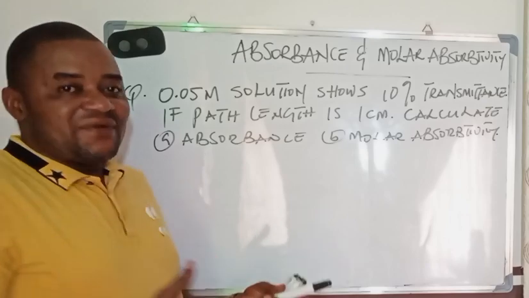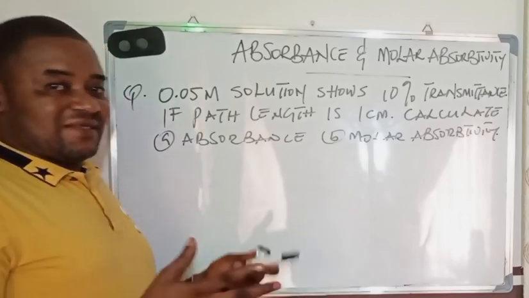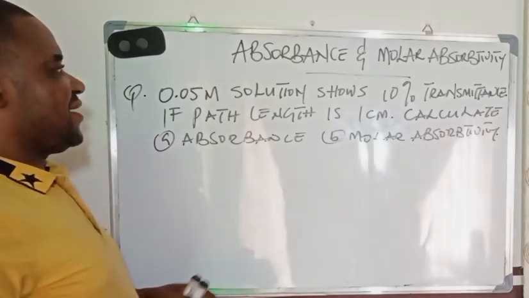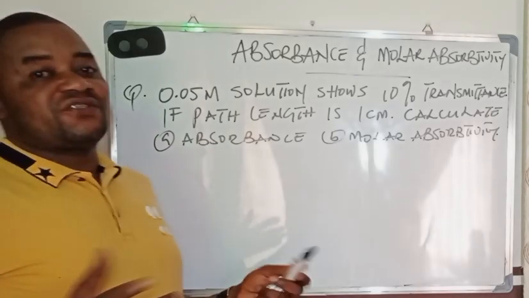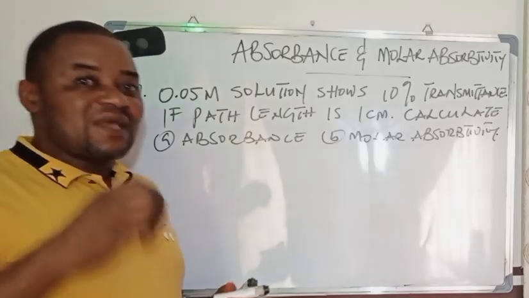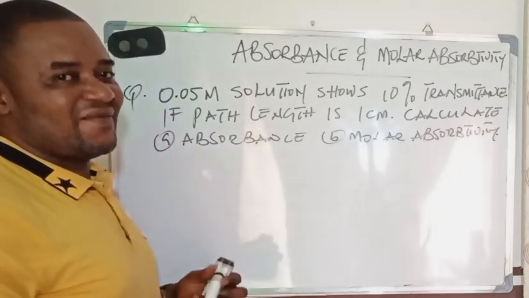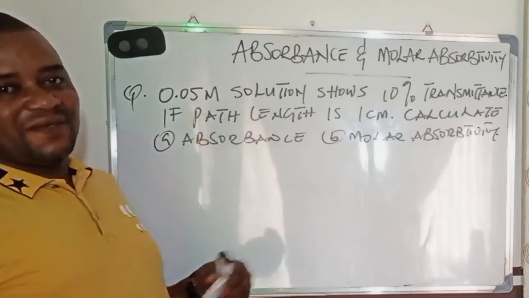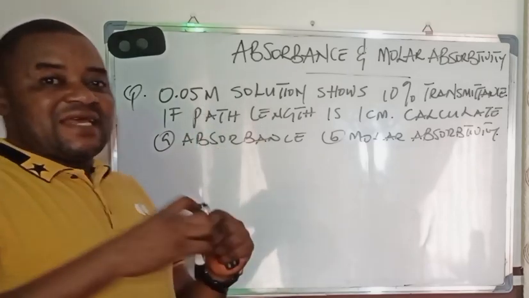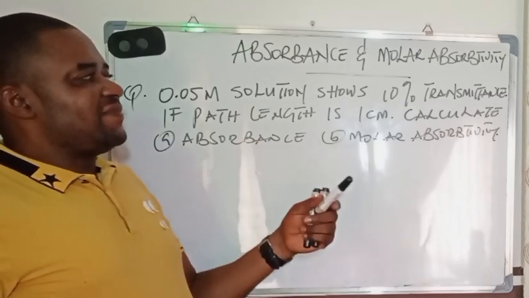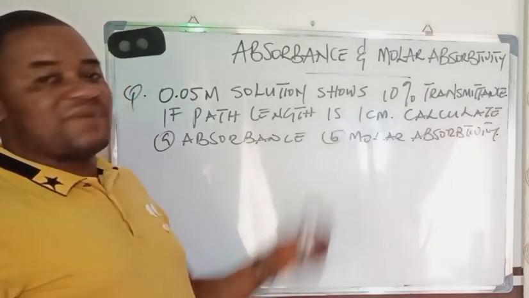Okay, you are carrying out a spectroscopic experiment, let's say a UV visible spectroscopy experiment, and the concentration of the sample that you had used in your sample container, remember we have discussed that already, is 0.05 molar, and the path length of that particular container is 1 cm with a transmittance of 10%.